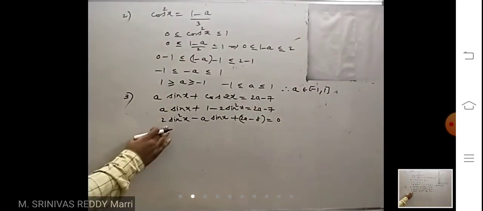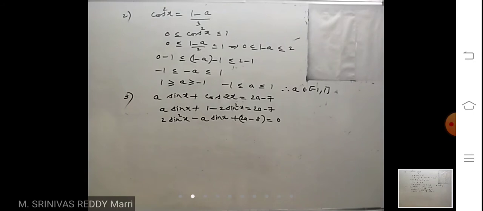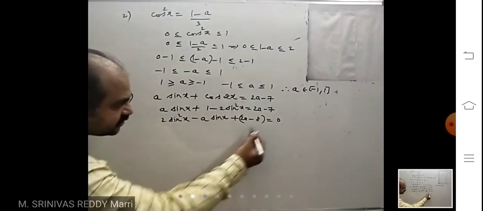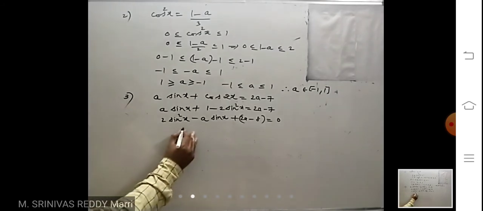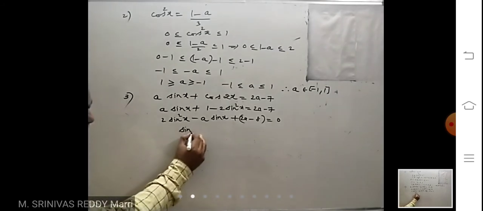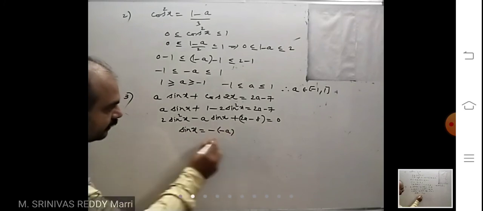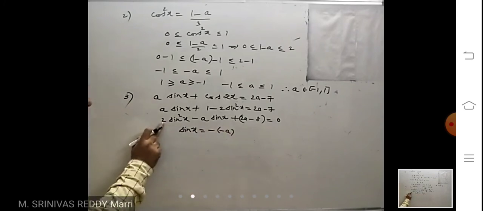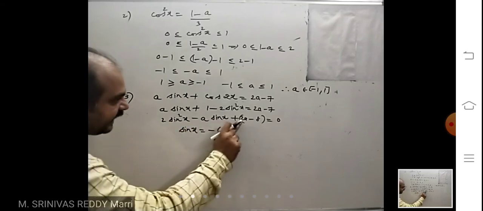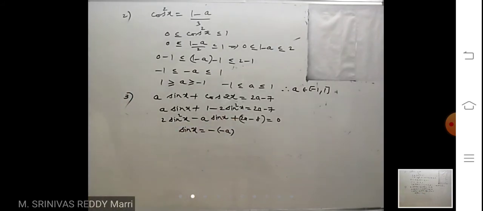Now I have formed a quadratic equation in sin x. Now I want to solve this equation. Sin x equals minus b plus or minus root of b square minus 4ac, divided by 2a. Here a is 2 in the quadratic equation, b is minus a, c is 2a minus 8.